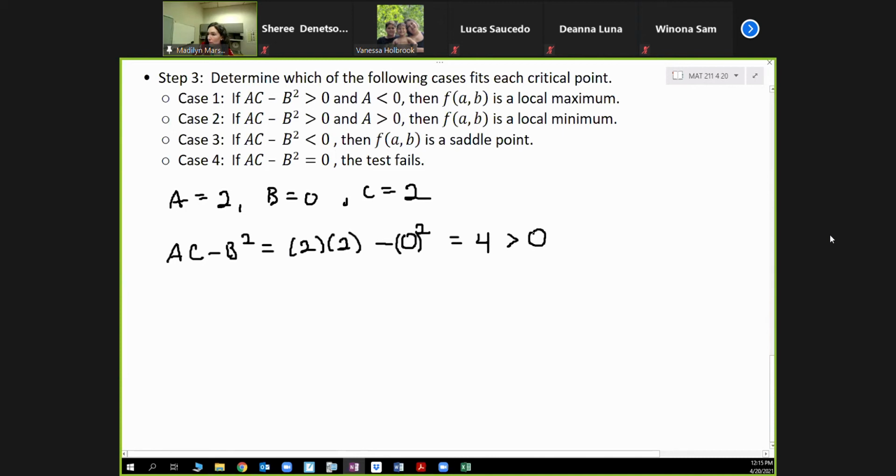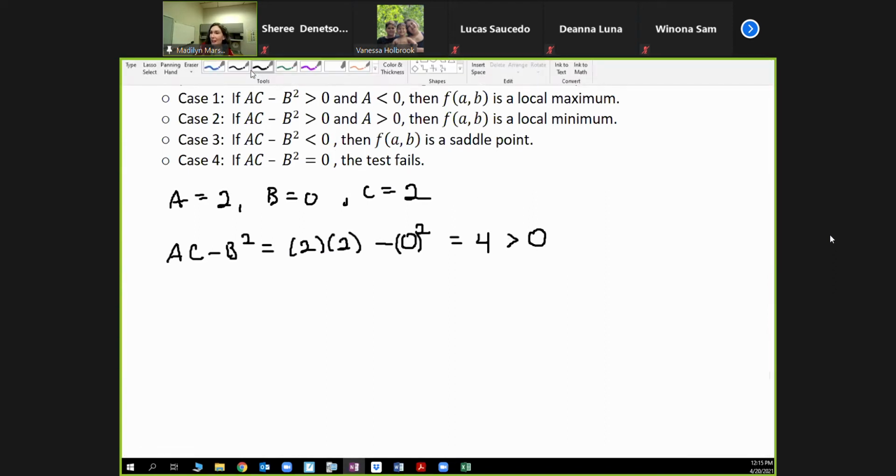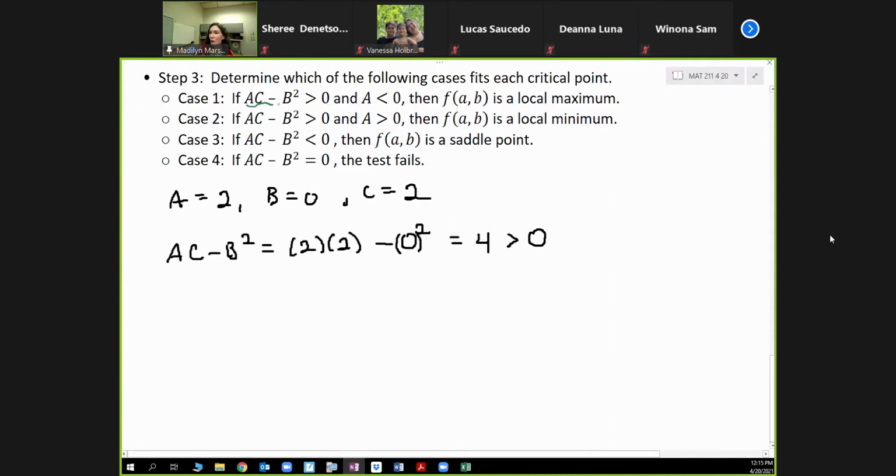So does that mean that that is the local maxima? Not quite. You'll notice that if we're looking at these 2 cases, both case 1 and 2 have AC minus B squared being positive. So we know it's one of those 2, but then we have to look at the next part of those cases.